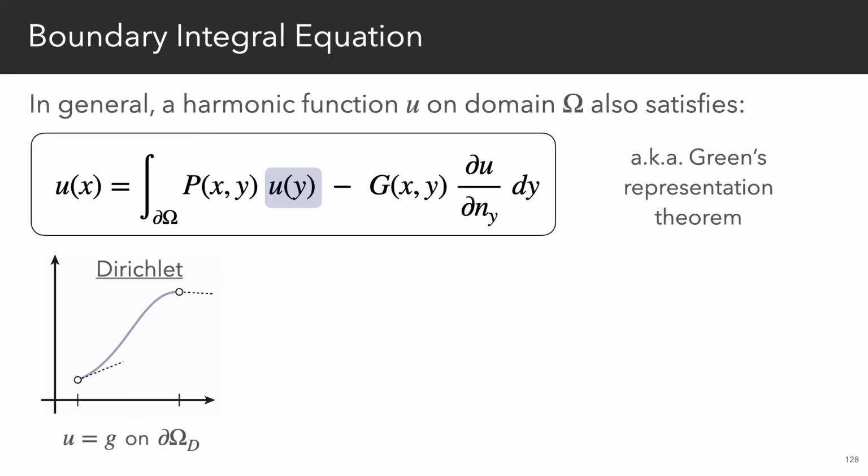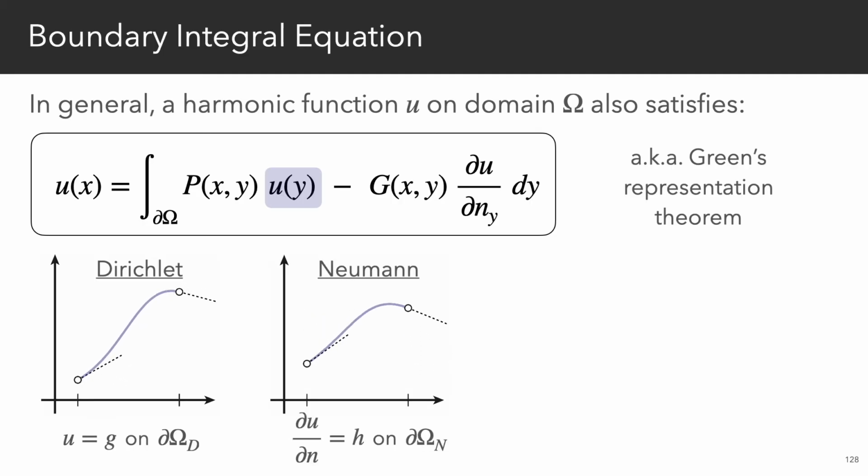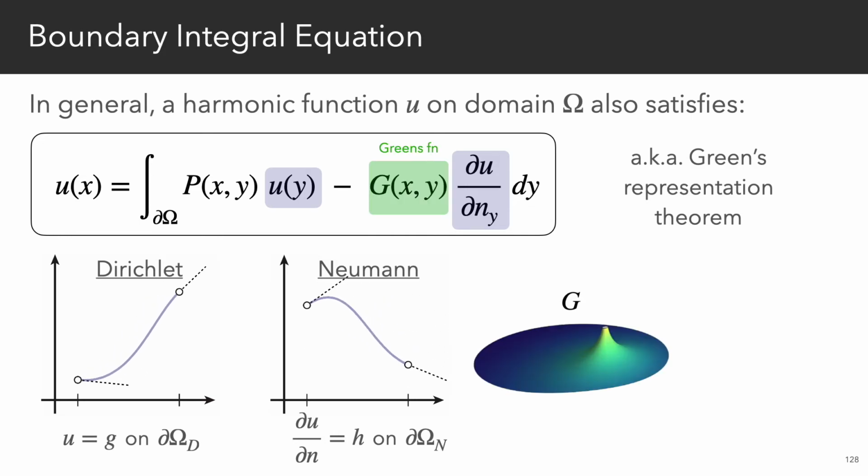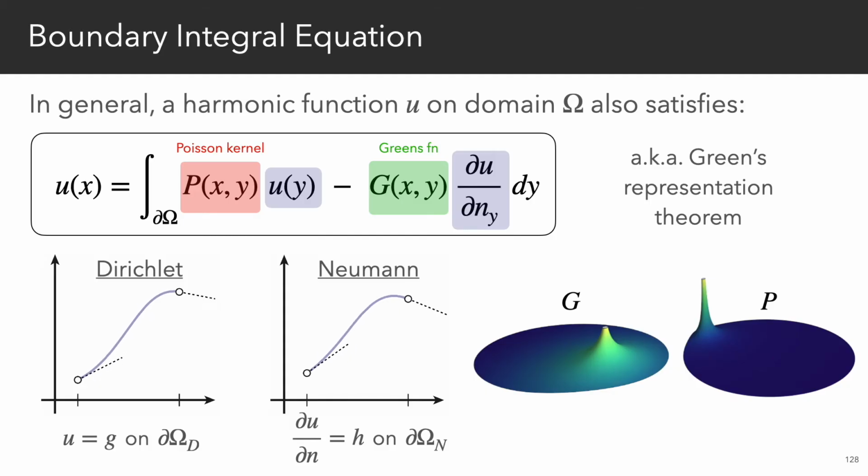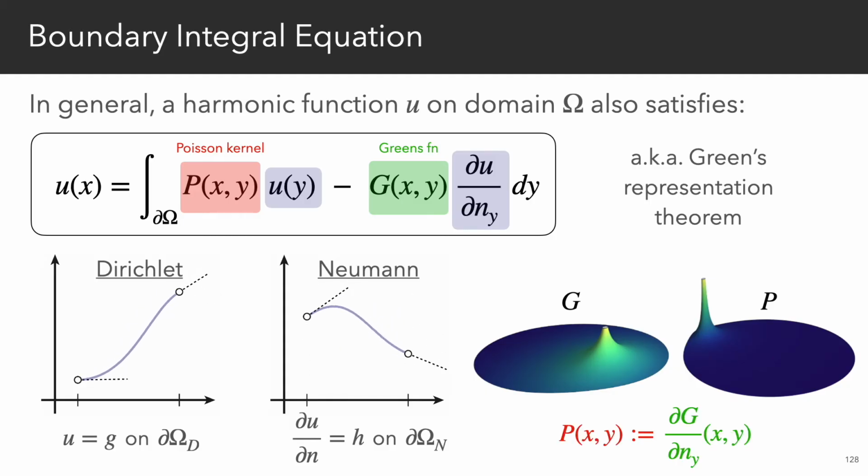But the BIE actually also gives us a natural way to incorporate non-zero Neumann boundary conditions because it includes the normal derivative of the solution. G is our usual Green's function, P is called the Poisson kernel, and it's defined as the normal derivative of G.